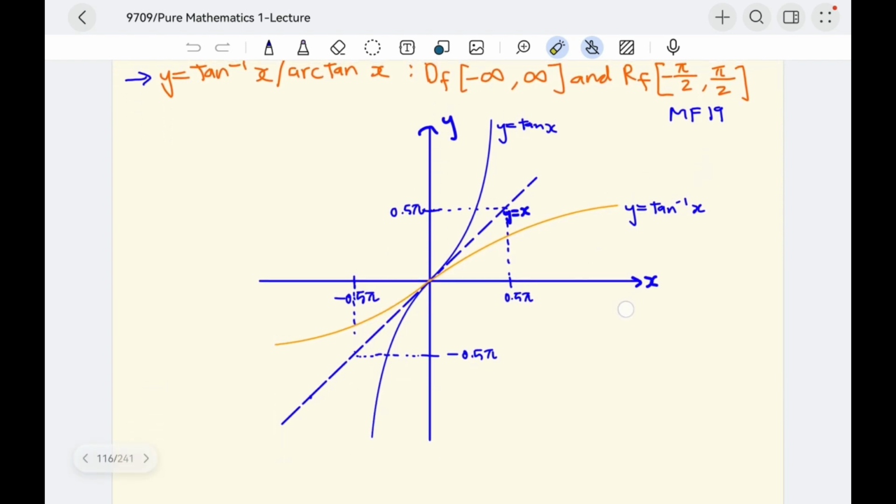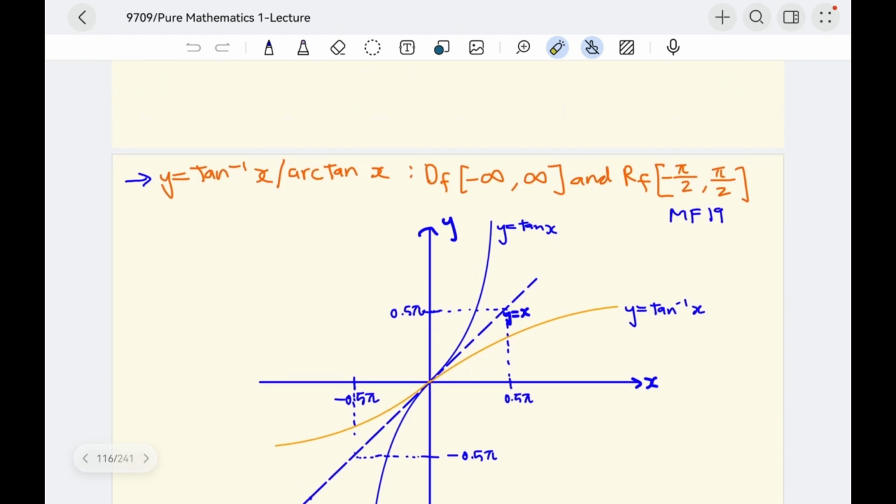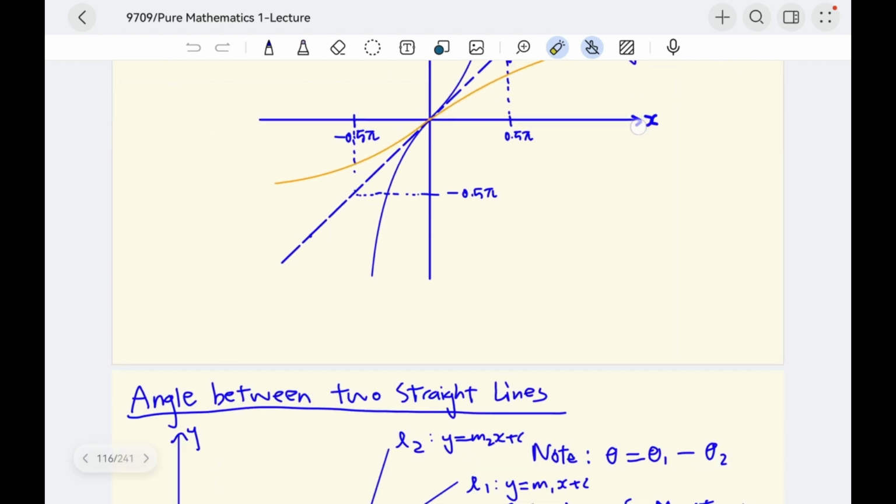Which means that its graph, domain, and range will change and exchange. Also, the asymptotes will change to another dimension. So for the inverse tangent, its vertical asymptote changes to a horizontal asymptote at a certain interval. So I hope you find this useful, right?